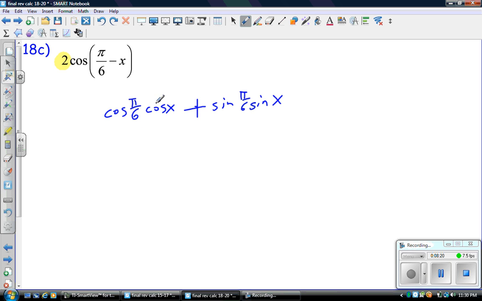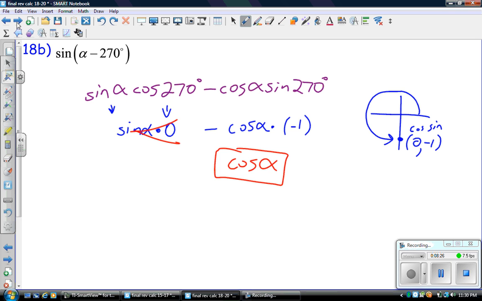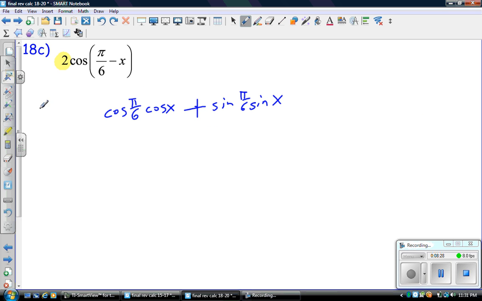Again, the x we don't know anything about, so we can't do anything with that. It's just like the alpha on the previous problem. Same idea. Don't know anything about it. But we can find the cosine of pi over 6 and the sine of pi over 6. Pi over 6 is a 30-degree reference.